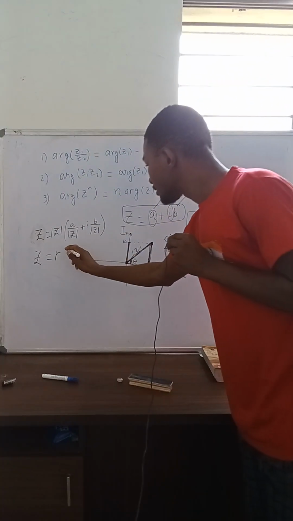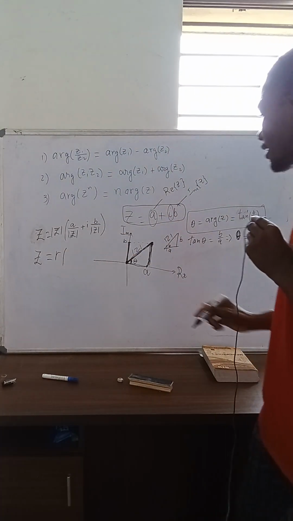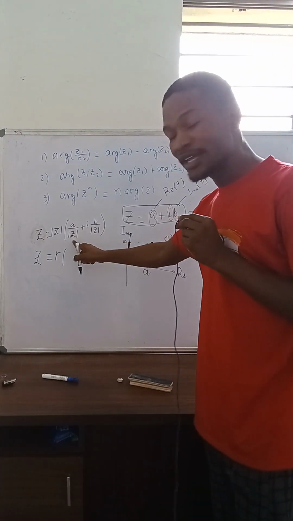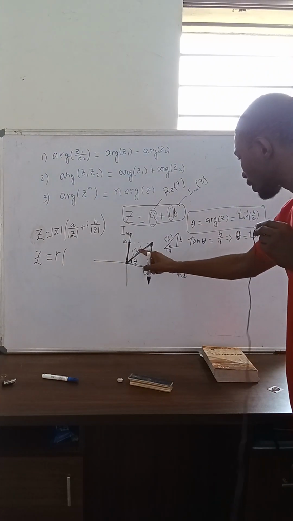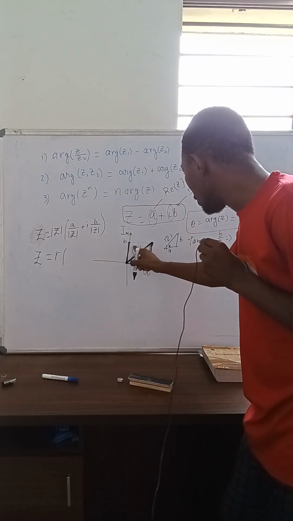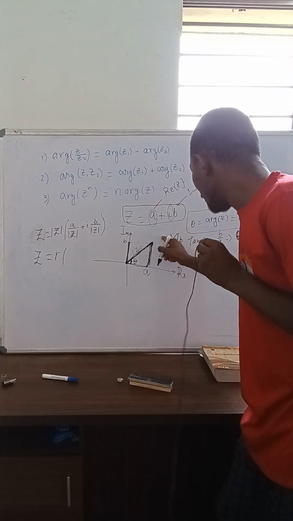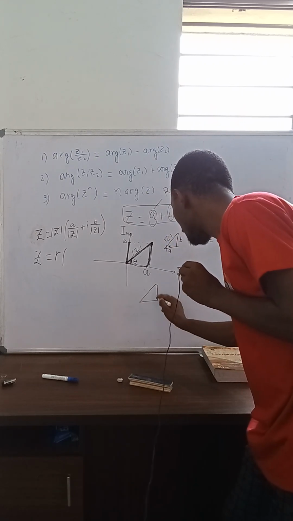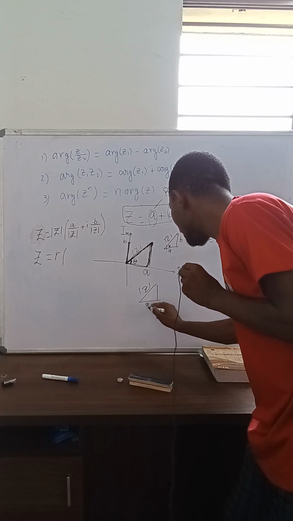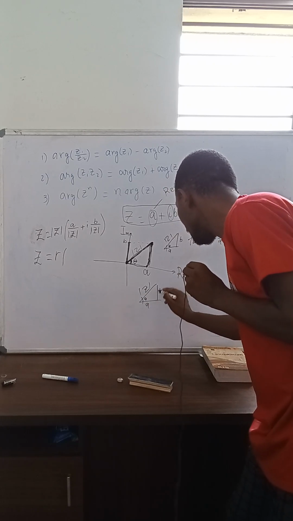Then we have a upon module of z and b upon module of z. Now check here, what is a upon module of z? Let me plot this. This is module of z, this is a, this is the argument, this is b.